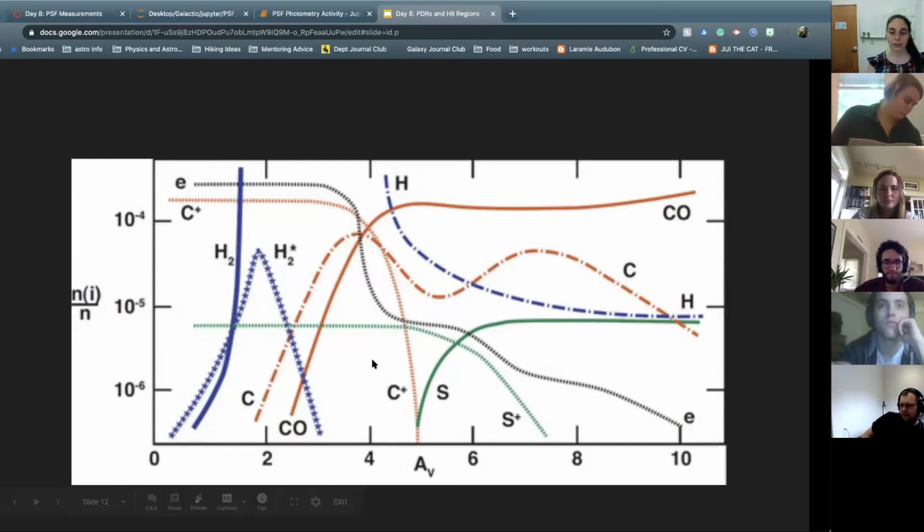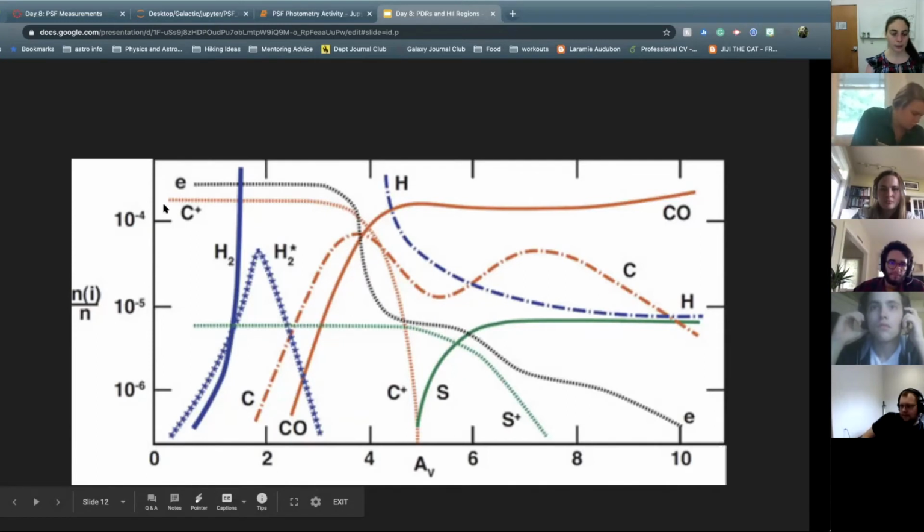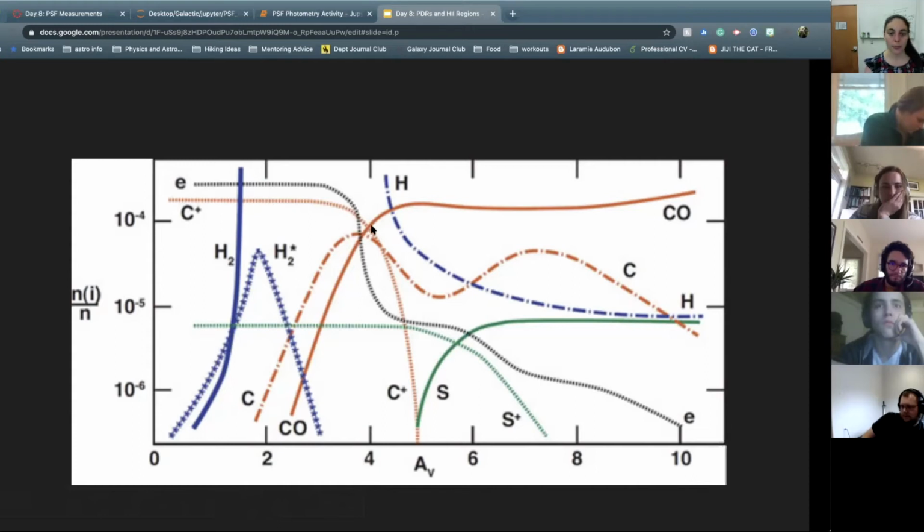So if you look at ionized carbon, we have this line here where, closer to the H2 region where we have low AV, most of our light from our young stars hasn't been absorbed. Pretty much all of our carbon is in singly ionized carbon. When we hit an extinction of 4, all of a sudden that plummets and we end up very briefly with most of our carbon in neutral, but then really quickly that becomes carbon monoxide.